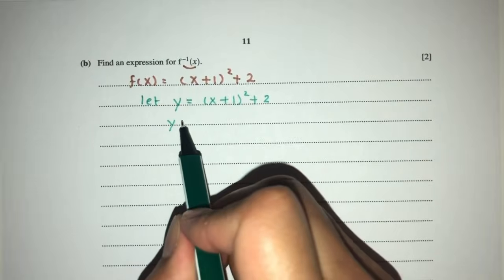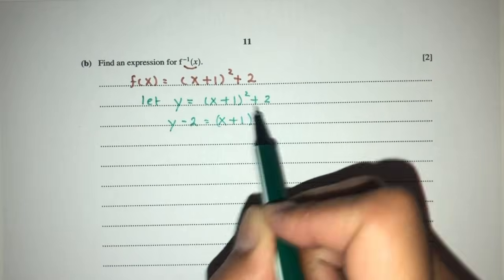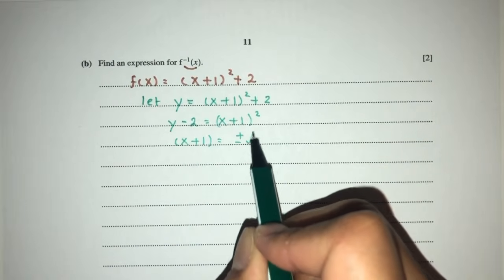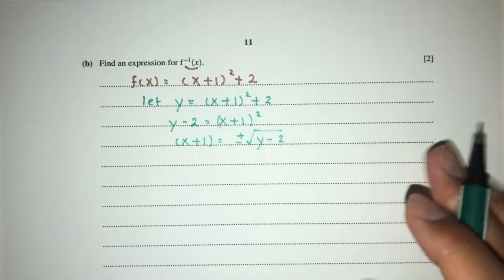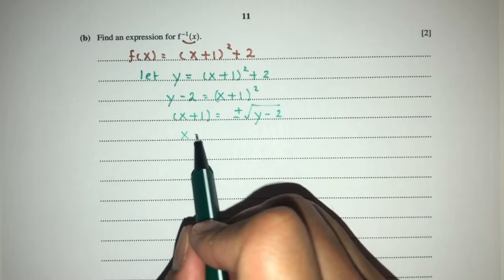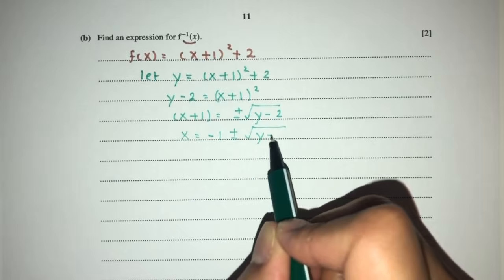Simplify: y minus 2 will be (x plus 1) square. x plus 1 will be plus minus square root of y minus 2. Now let's see, x will be minus 1 plus minus square root of y minus 2.